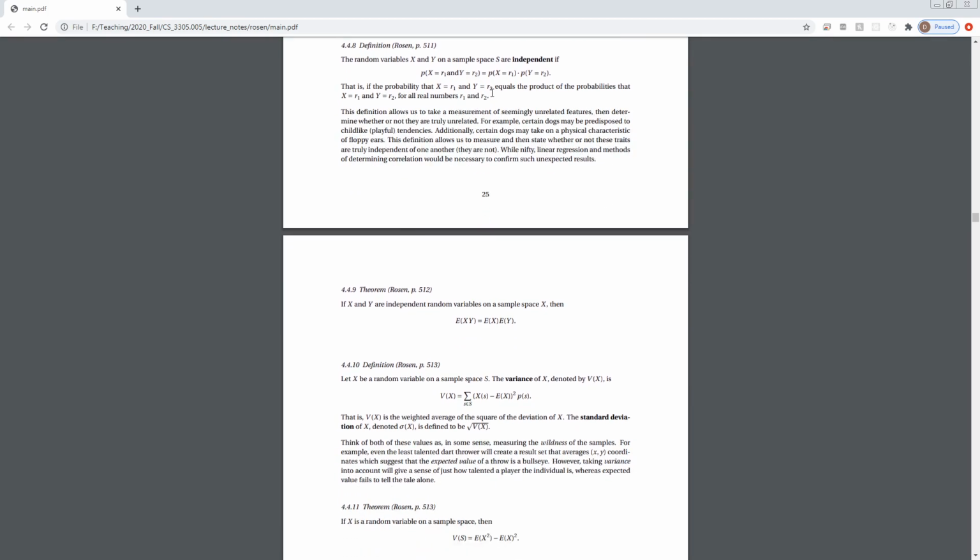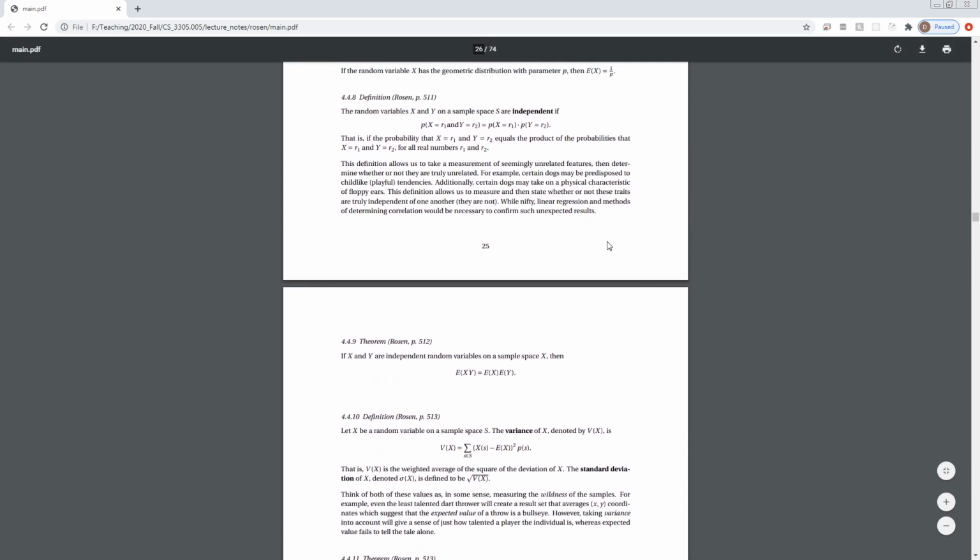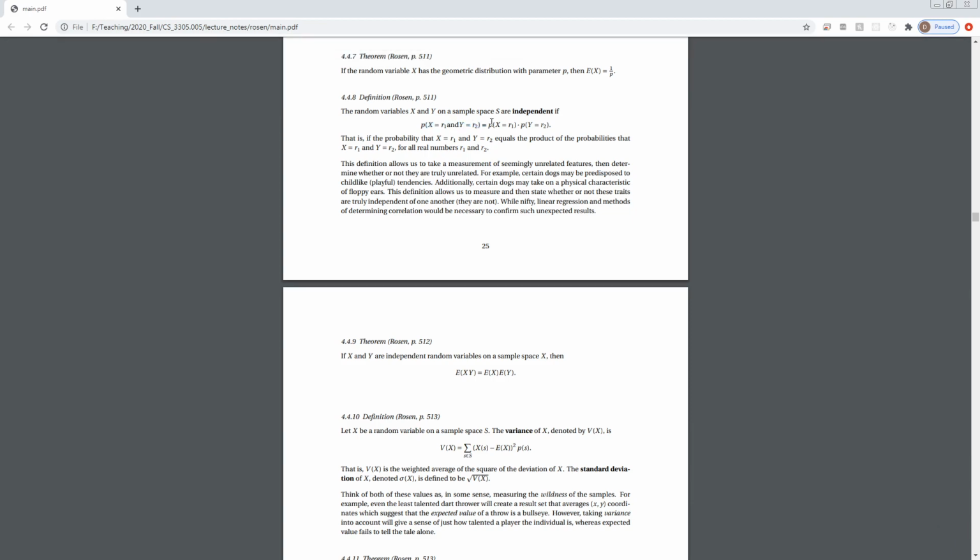We give a definition for independent variables, and this is going in the other direction, right? We already know that if two variables are independent, then the probability of both of them happening is p of x times p of y, right?